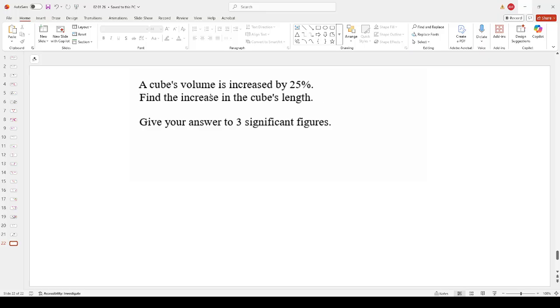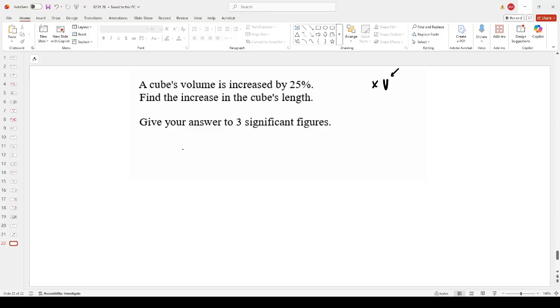So a cube's volume is increased by 25%. So you have a volume, and that's the volume of the shape. What do I times it by for it to be increased? So here, this is the volume of a cube, and I want to increase it by 25%. So what do I times it by? If I times it by 75, that's... think about it.